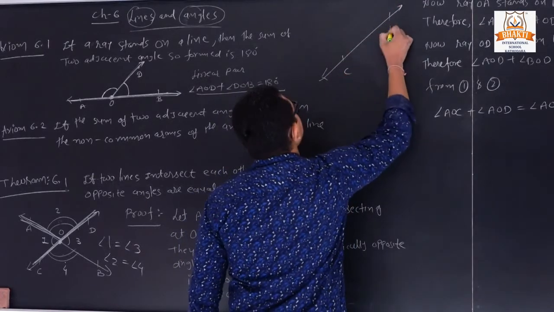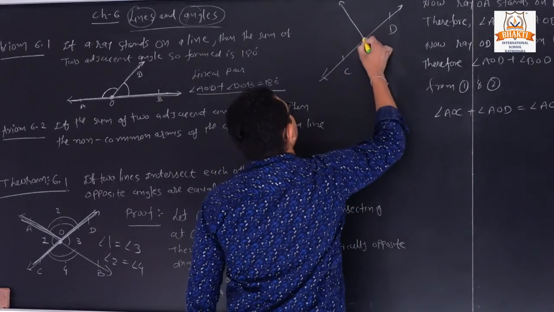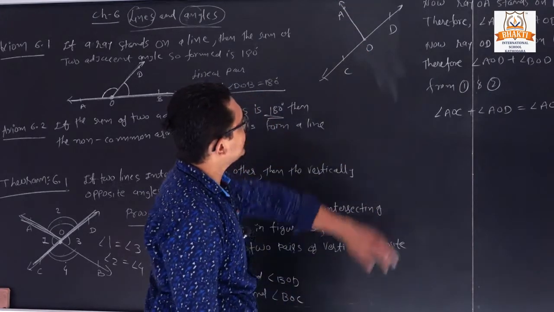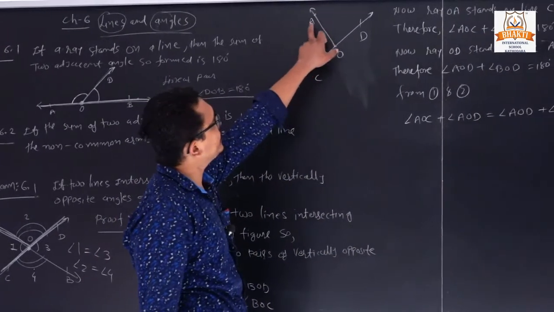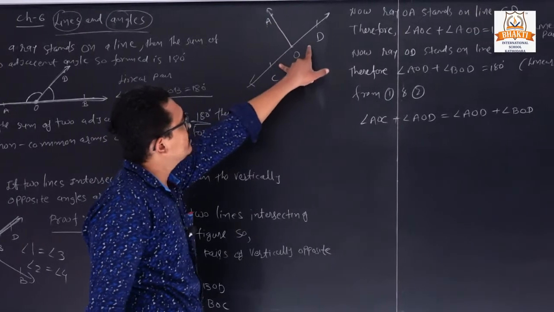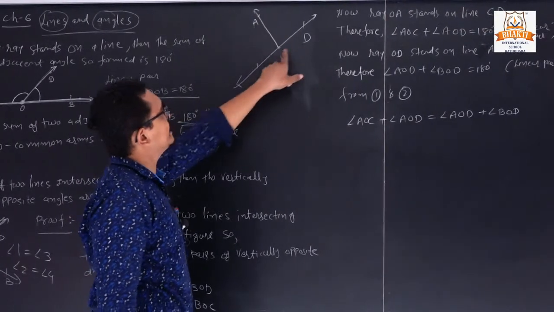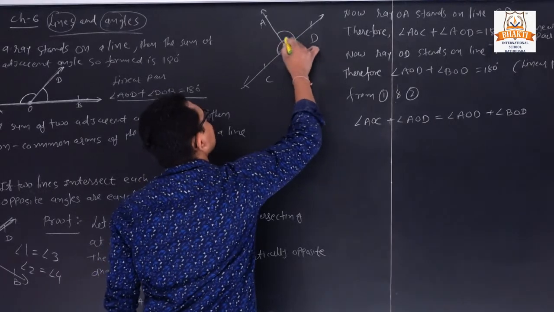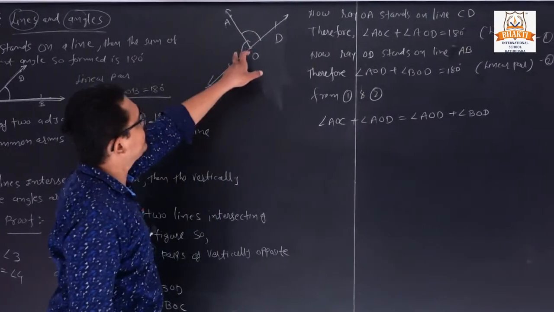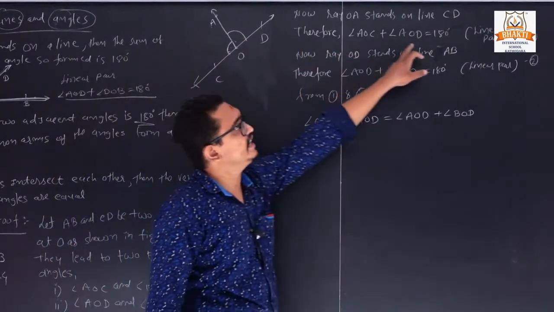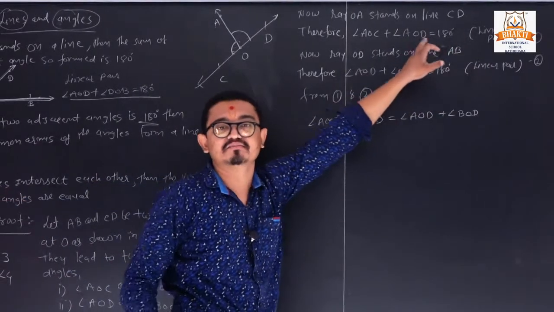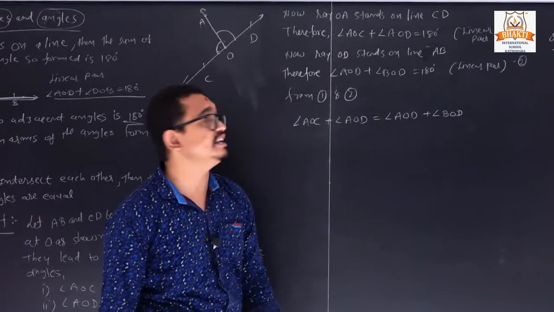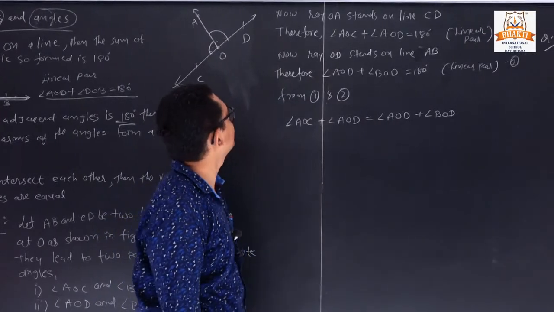This is CD, here it is O and it is A. If I draw OA on the CD line, we have two adjacent angles, this and this. The sum of these both is 180 degrees according to axiom 6.1. They are creating a linear pair, or an adjacent angle pair.